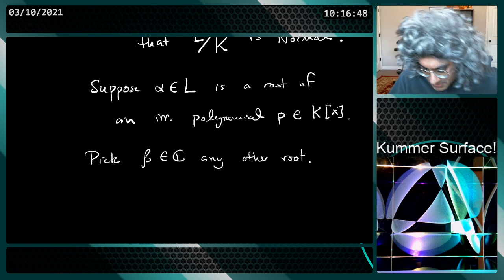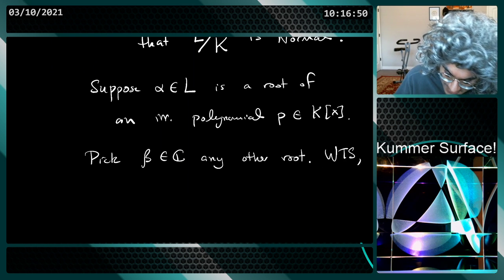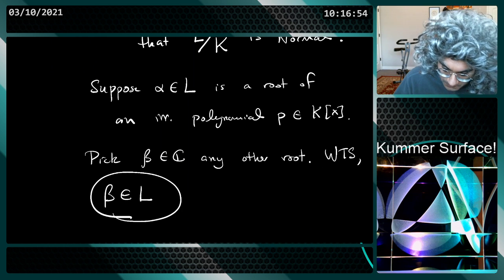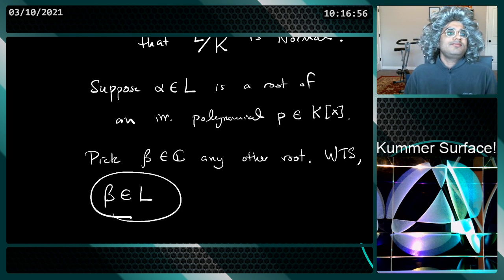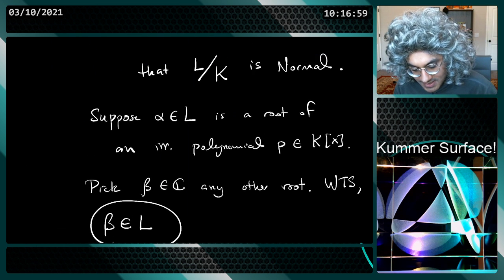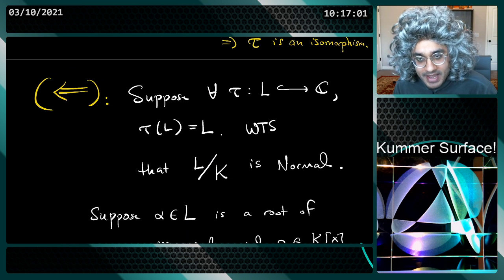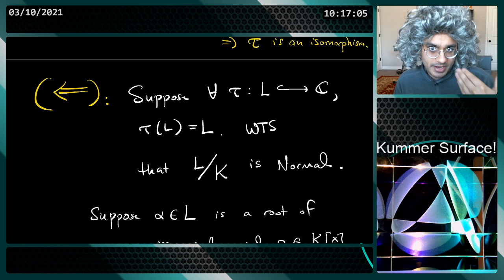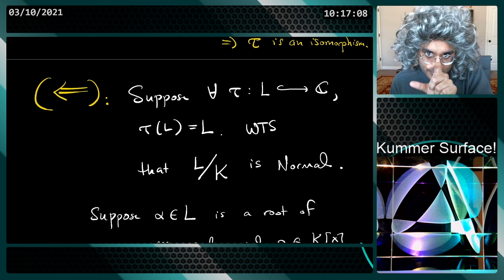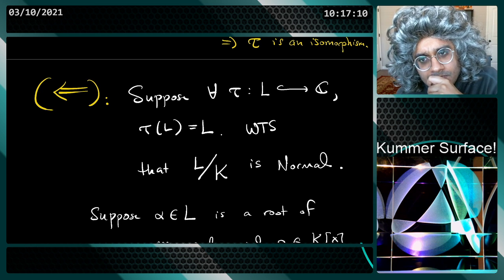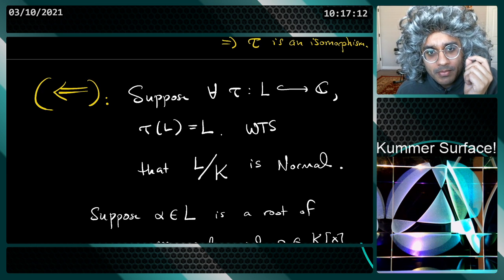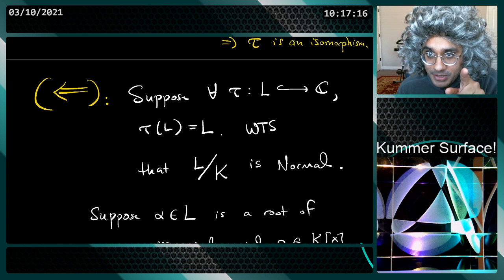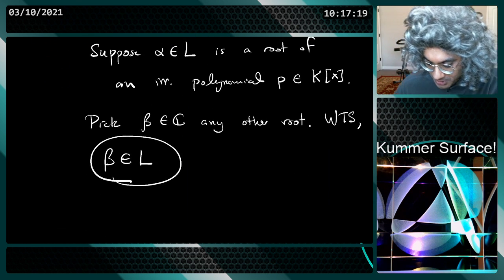We want to show beta is back in L. And all we have to work with is that whenever you embed L in C, while fixing K, the image of that embedding is back inside of L again. That's what we know, and this is what we want to show.